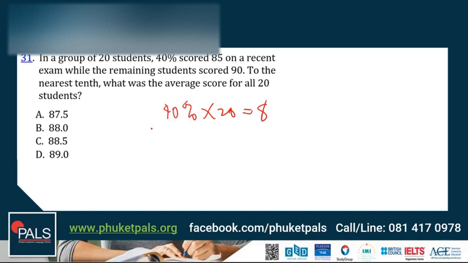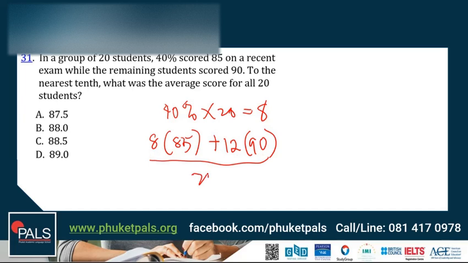So there are 8 who scored 85, plus, since there are 20, 20 minus 8 is 12. There are 12 who scored 90, divided by 20 students. The answer is, using calculator, 88. Letter B.